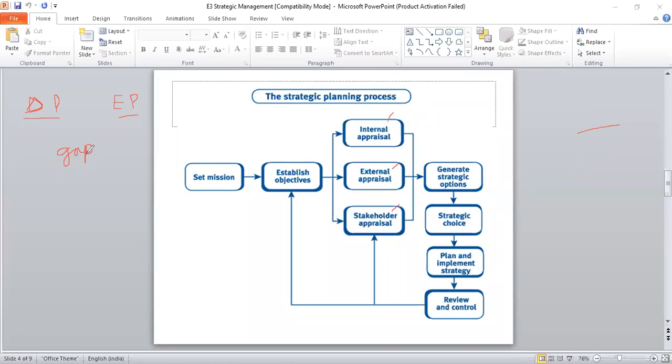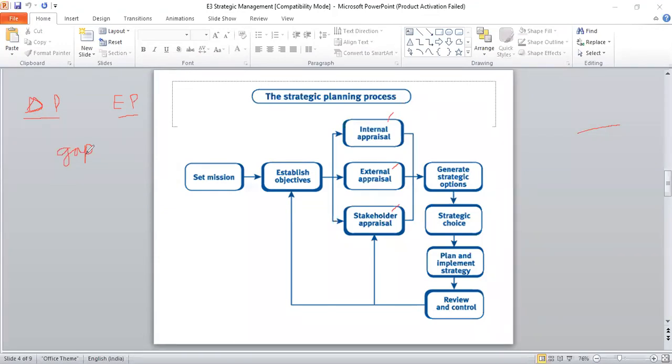If there is a gap, then what would they do to close the gap? Because when the organization is established, it is established with a very basic purpose, what it wants to achieve. That's the desired performance, the things which they want to achieve for the organization.